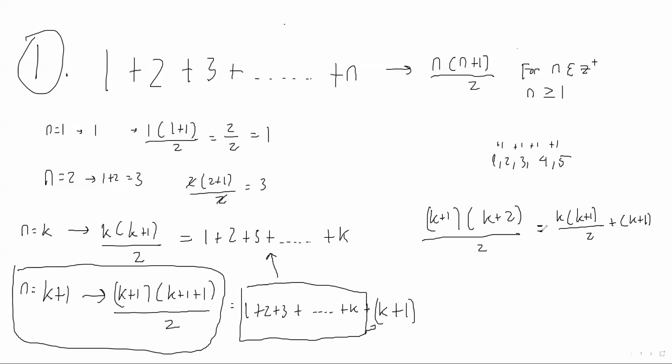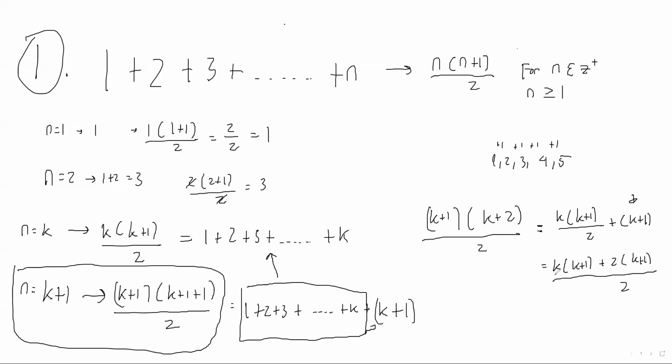If they are equal, that means this formula does apply even for the next term of k. So what we can do here is make everything on the right side over 2. So we multiply this bracket by 2, and we end up with k bracket k plus 1 plus 2 bracket k plus 1, and then divided by 2.